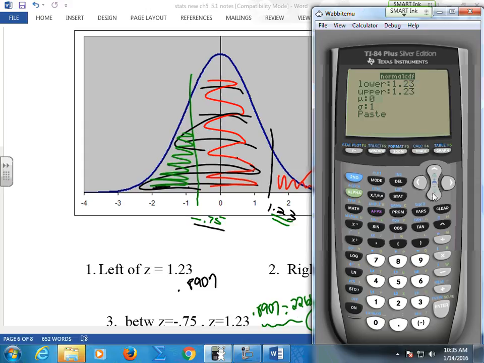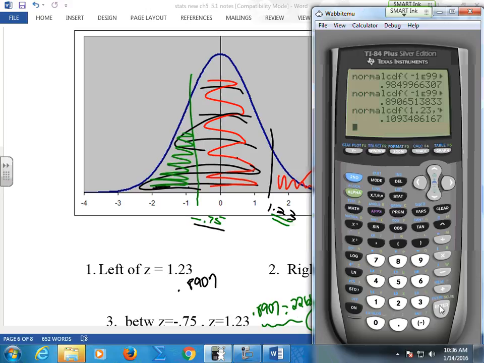My upper boundary is way out, so make it 999. I'll never hit 999. 0, 1, and paste. This will automatically do your area to the right. See it? It's a little bit more exact than finding it in your book, on your table.